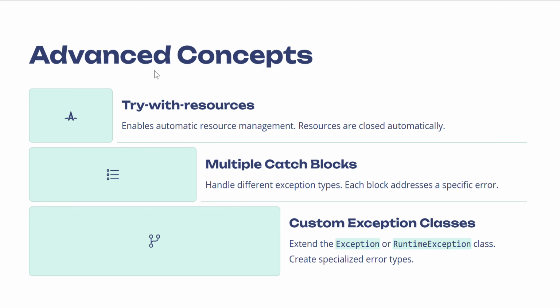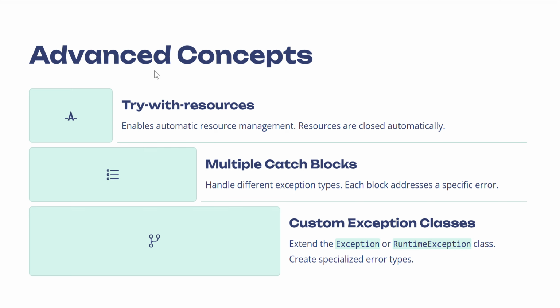Advanced concepts. Try with resources enables automatic resource management. That is, resources are closed automatically, and the work of the programmer, the code, and the JVM is done in less time. Multiple catch blocks. There are high chances that a single try block can give you numerous types of exceptions. So these exceptions can be handled by multiple catch blocks, since each catch block addresses a specific type of exception.